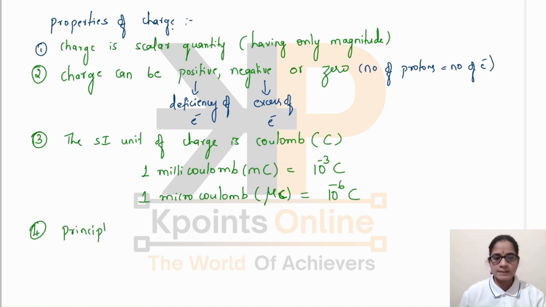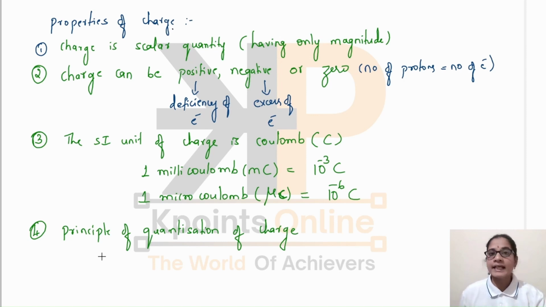Principle of quantization of charge. What does it say? It says that any physically existing charge Q is an integral multiple of elementary charge or fundamental charge. What do we mean by elementary or fundamental charge? It is equal to the charge on electron or proton.